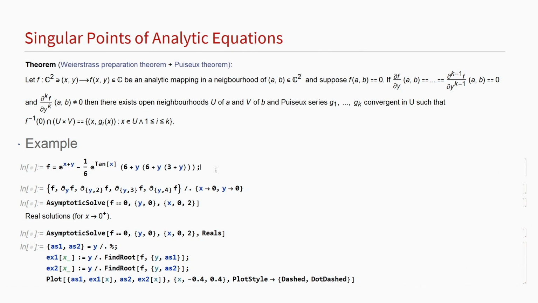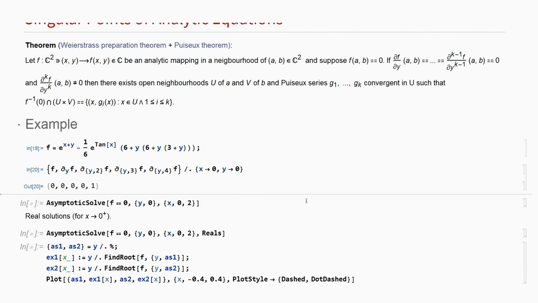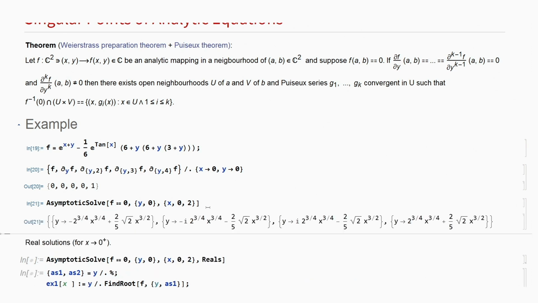So here is a function. We are solving for y in terms of x. Let's see that at 0, the function and its first 3 derivatives are 0. The fourth derivative is not 0. So we can expect 4 solutions that are Puiseux series. And AsymptoticSolve should shortly give us the solutions.